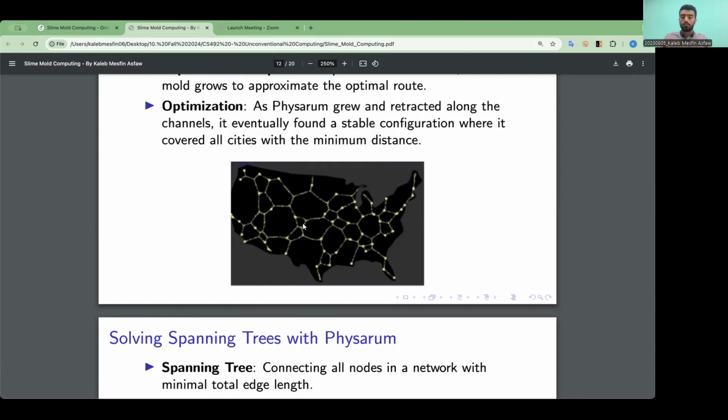In this case, we can take oat flakes. They will be arranged in a similar pattern or in a similar location where the real world cities are located. That's how they simulate the real world paths in a petri dish setting, which makes it very suitable for observing the solution of the slime mold.